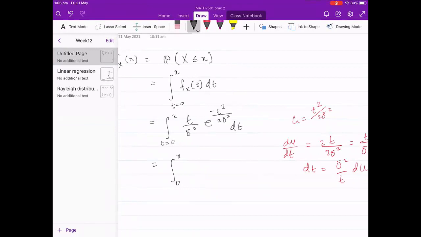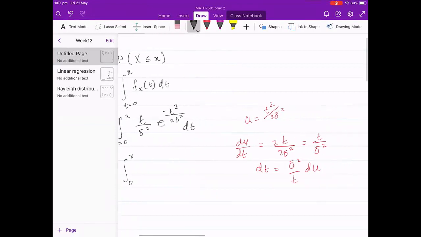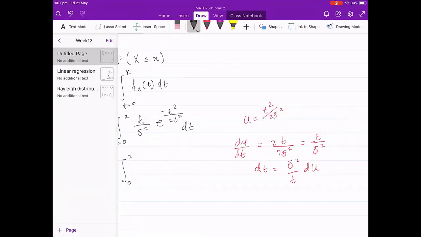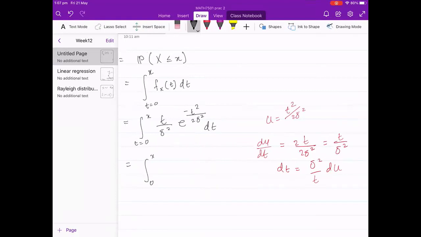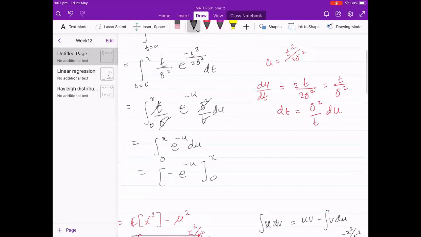Okay. By substituting u equals t squared divided by 2 sigma squared and differentiating u with respect to t, I got dt is sigma squared over t du. So putting it in here, t over sigma squared e to the power minus u, and instead of dt, that's sigma squared over t du, which simplifies to e to the power minus u du, which is equal to minus e to the power minus u from 0 to x.